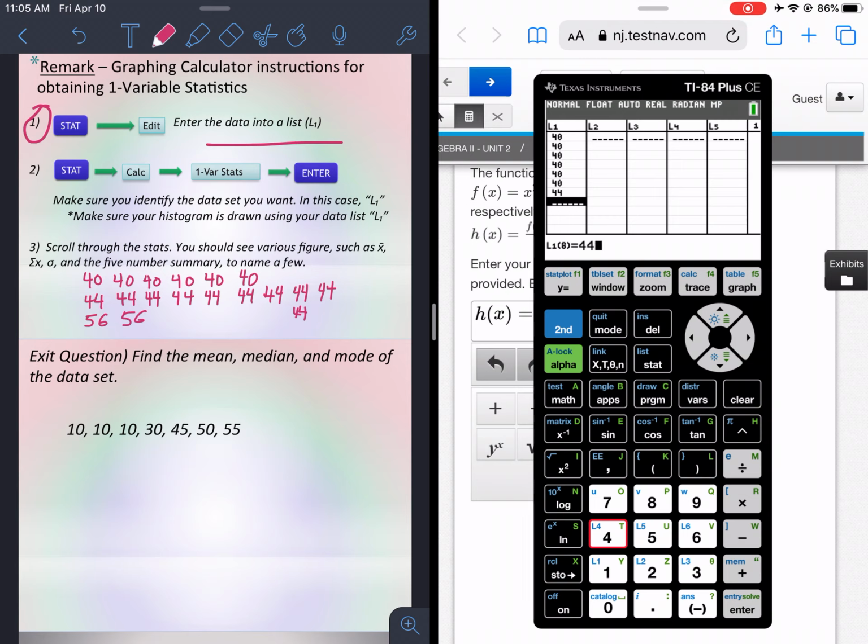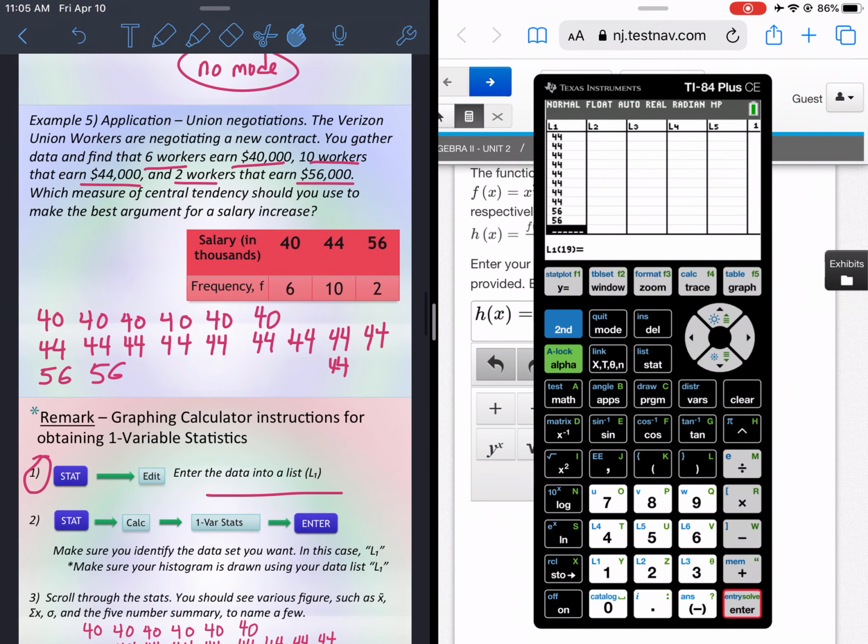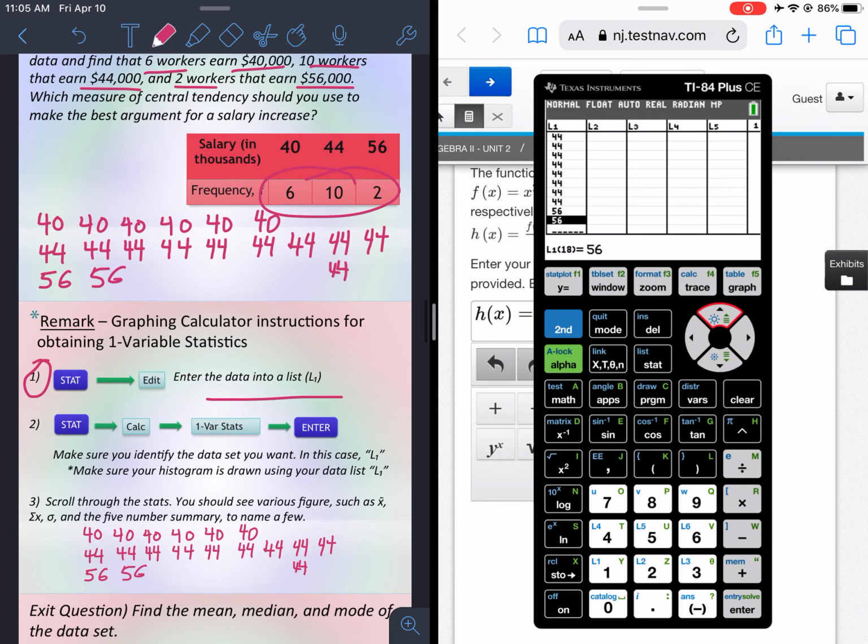Then 10 44s. 2 56s. Alright, now does that match with the number of data values? I have 18 total data values, and then on the calculator I have 18, so I'm looking good.